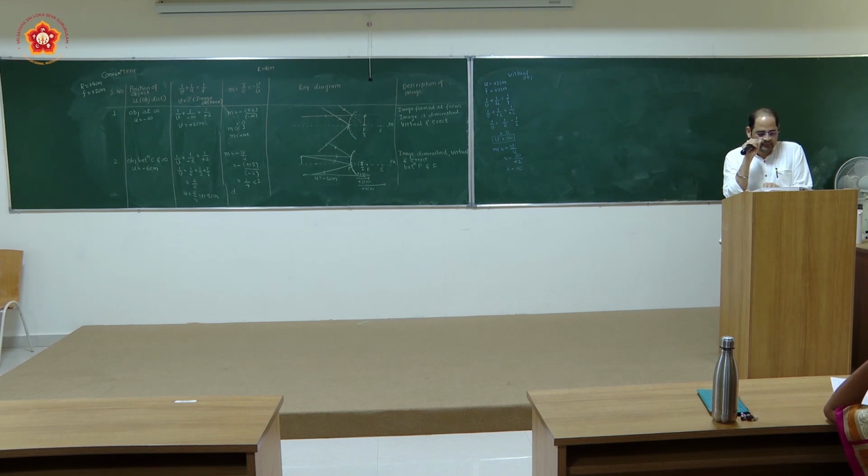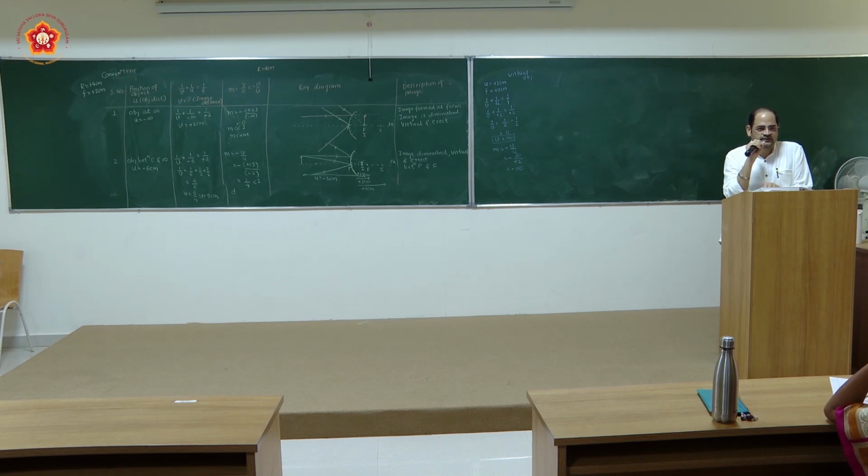Second point, the size of image is equal to the size of object. The mirror is, tell me one thing, in case of concave mirror, are you going to have an erect virtual image?